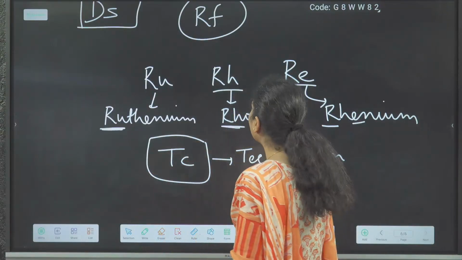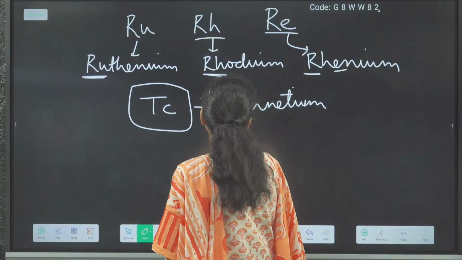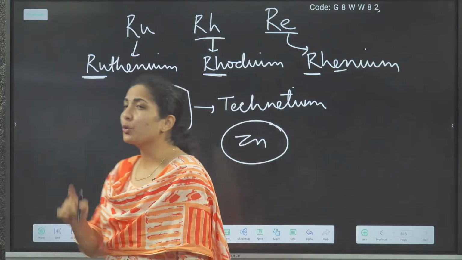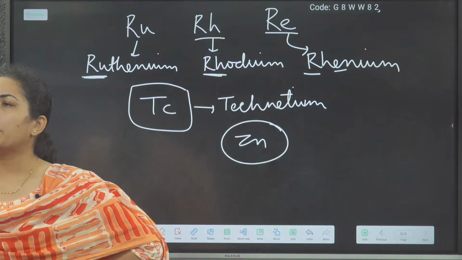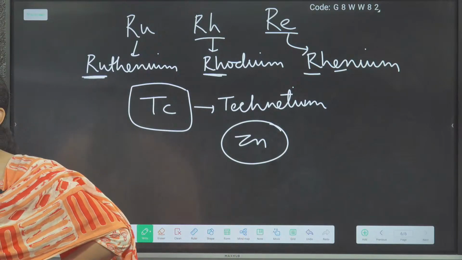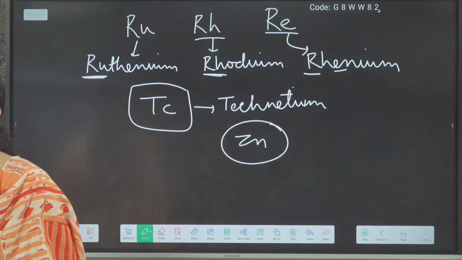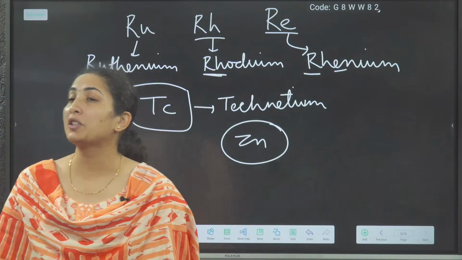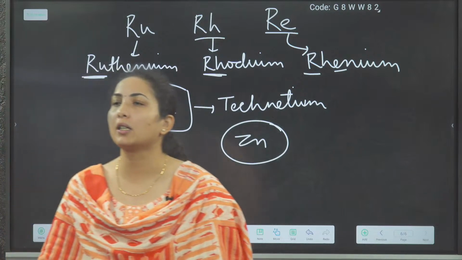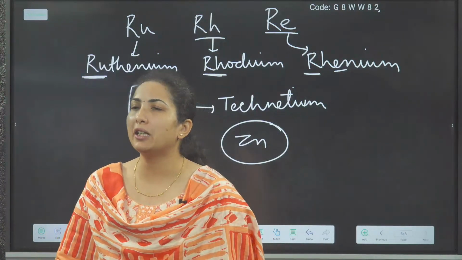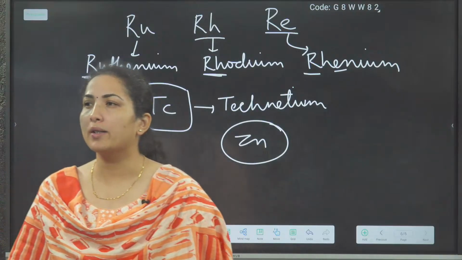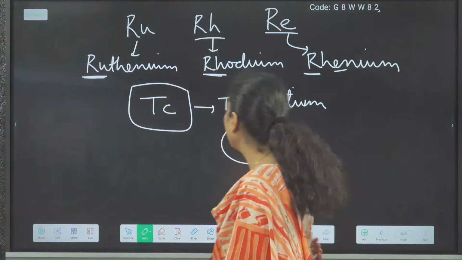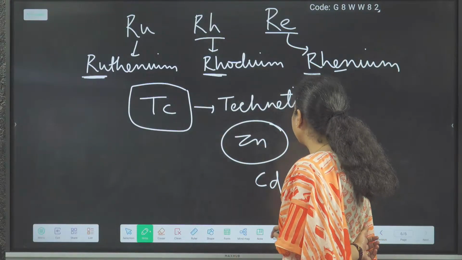Now I am writing here zinc. Zinc belongs to which group? Group 12. Can you tell me the element which is placed just below zinc? Correct. It is cadmium.